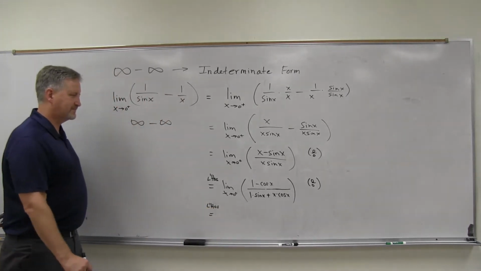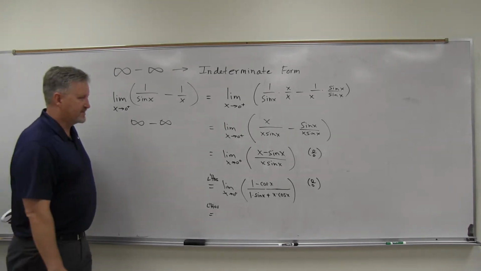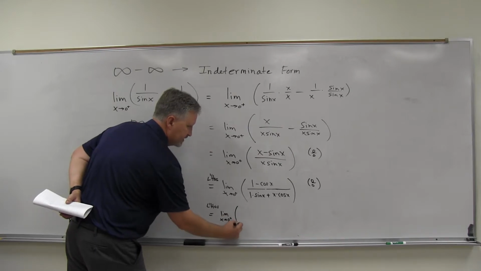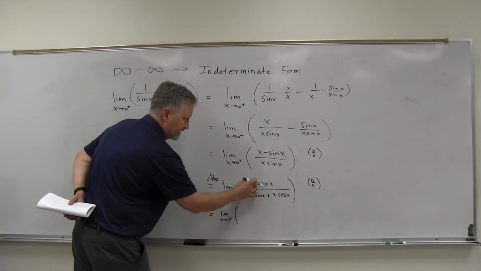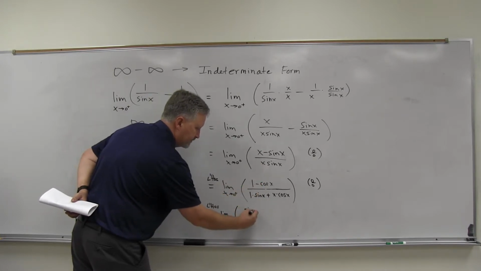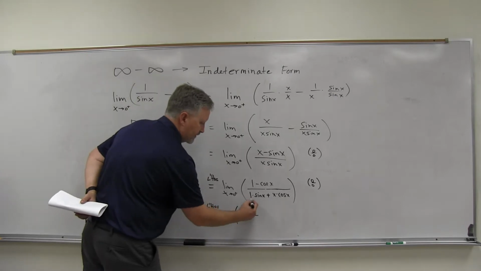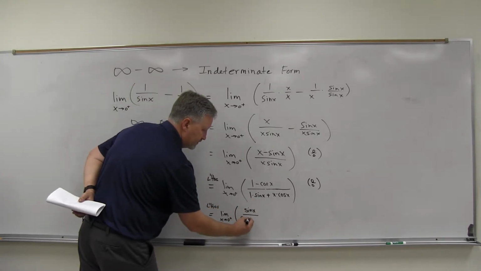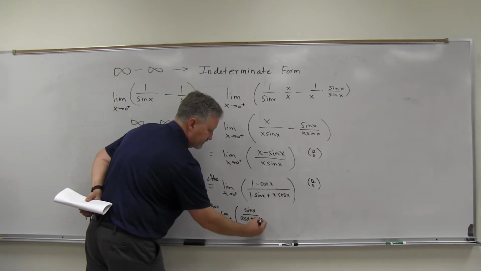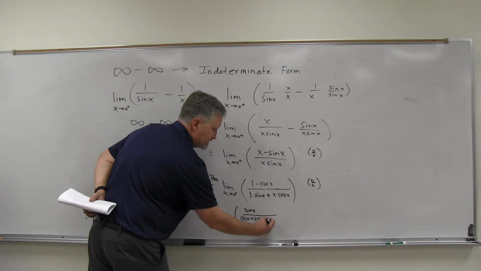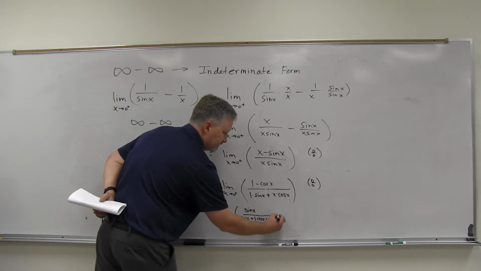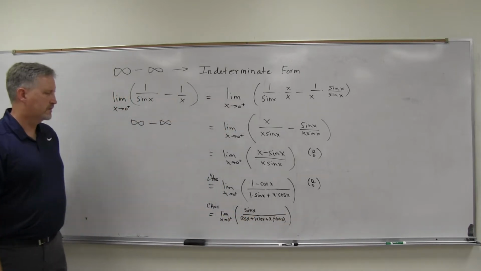Let's try L'Hopital again. So that's the limit as x approaches 0 from the right. Yeah, it did work out because now we just have sine of x on top. On the bottom, what we got? Now we do have to do a little product rule there. 1 times cosine of x plus x times the derivative of cosine of x, minus sine of x.